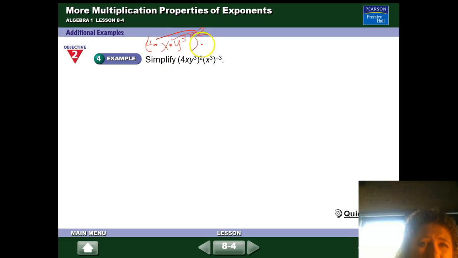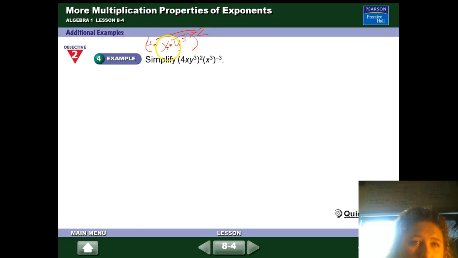What is going on inside this is multiplication. So that is why we can just distribute this squared to all of them. Okay? We're going to see later on, if addition and subtraction was in between these, you cannot do it. That's when you'd have to FOIL. But because this is multiplication, you can just distribute that 2 to both.